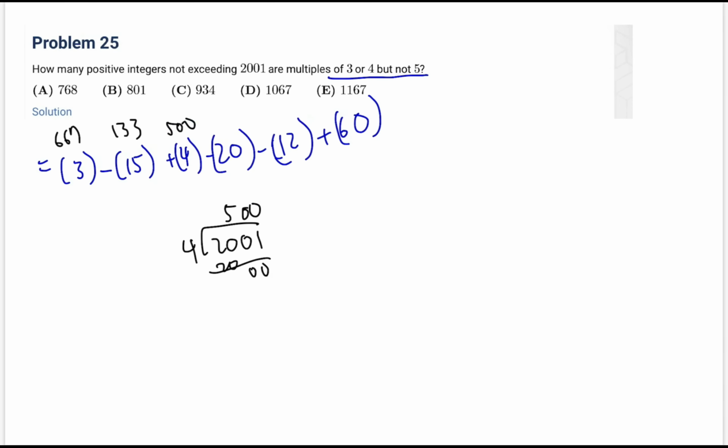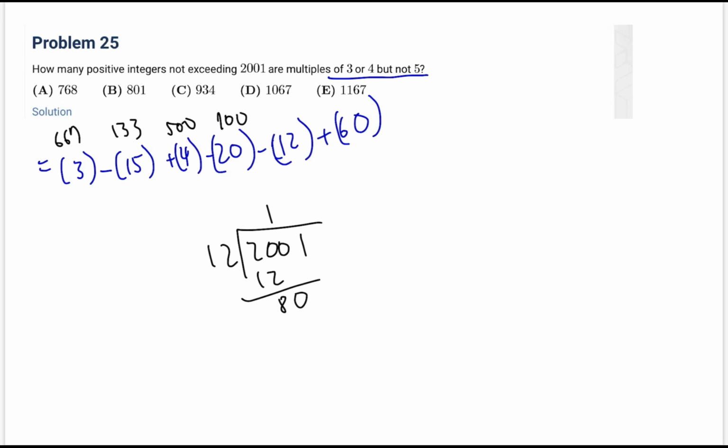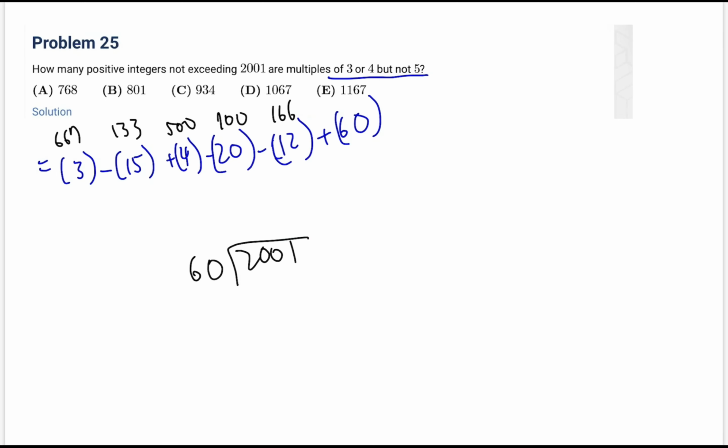And then we have the 20s, 2001 divided by 20, this is basically 100, so this is 100, and then minus 12, 2001 divided by 12, it's 166, and the last, 60, it will be 2001 divided by 60, which is 33.